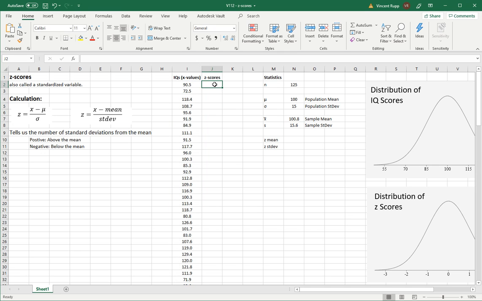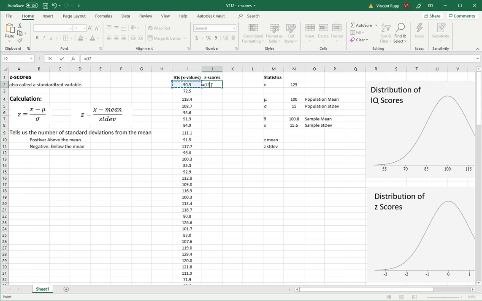So to calculate a z-score, you can do this on paper or on a calculator, but I'm in Excel right now. So let's do equals. To put this formula in horizontally, I do need parentheses around the numerator. So I'll just click on x, and then I'll subtract the mean, divided by the standard deviation. Well, which one? I have two means here and two standard deviations. Whatever one the WebWork problem gives you is the one you're going to use.